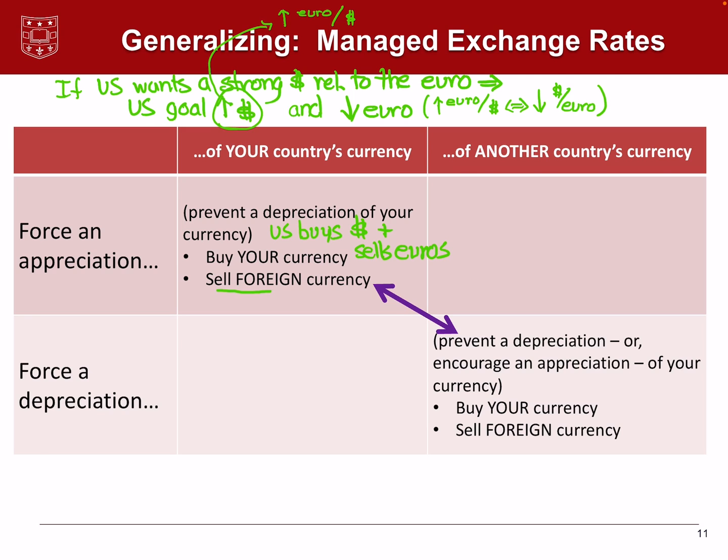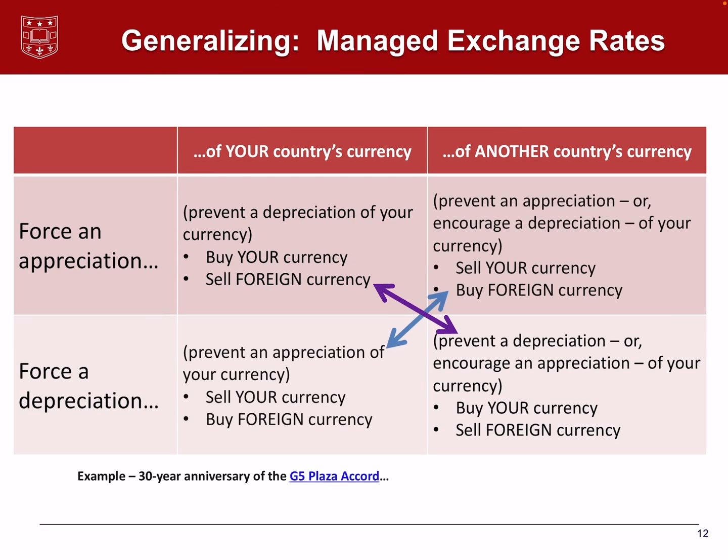And similarly, it would do the same thing here to force a depreciation of the euro. How do you do that? You need to make euros relatively more abundant. So you need to shrink the relative availability of dollars, make them relatively more scarce, and sell euros. So this puts these two things together.